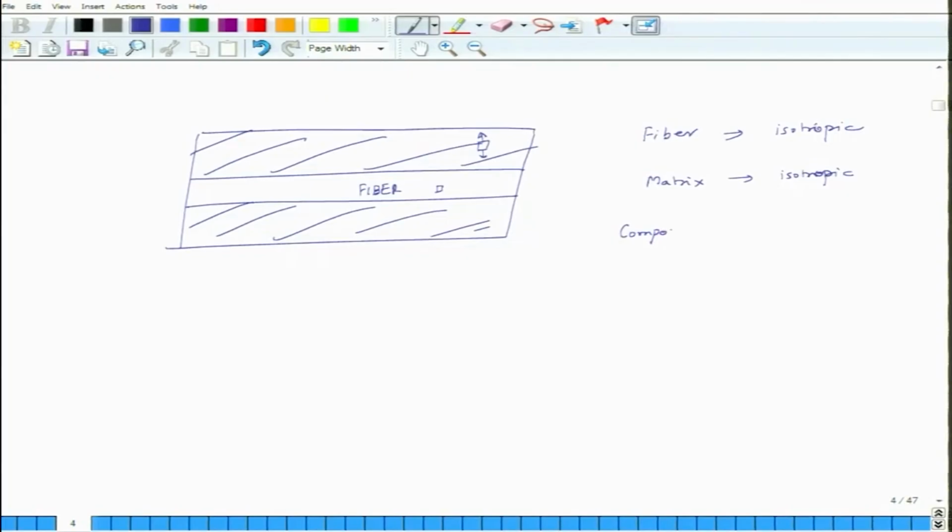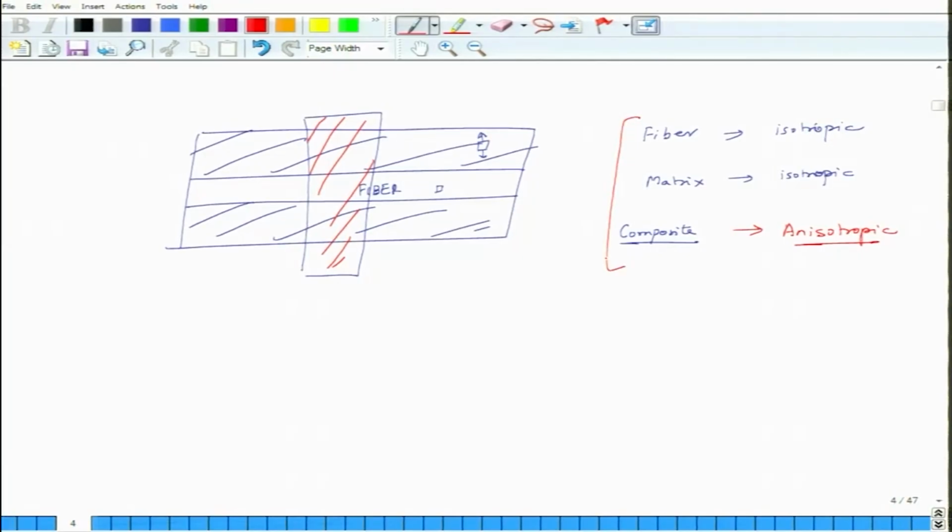But the composite, so if you have to test the whole composite, what do you have to do? You have to take a sample which has both the fiber as well as the matrix. So, you have to take this entire thing, and the composite may be anisotropic.